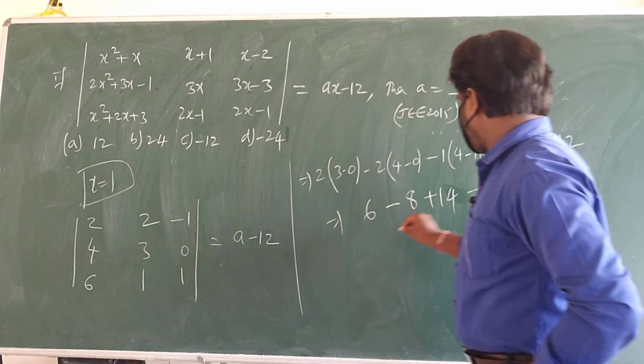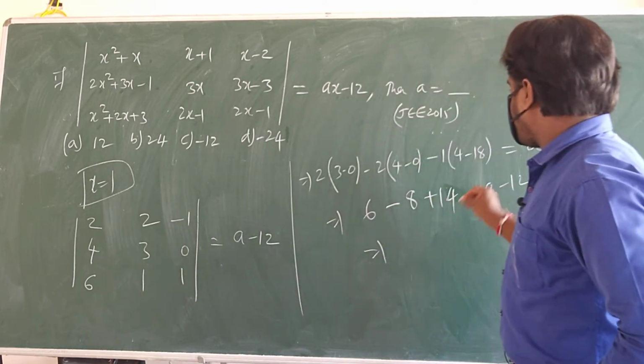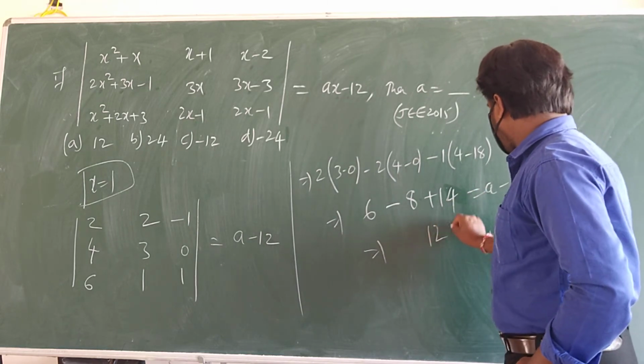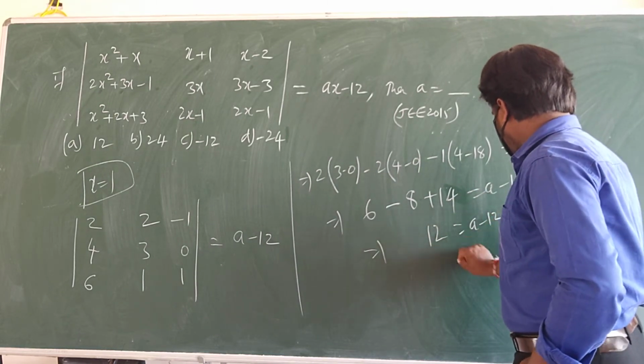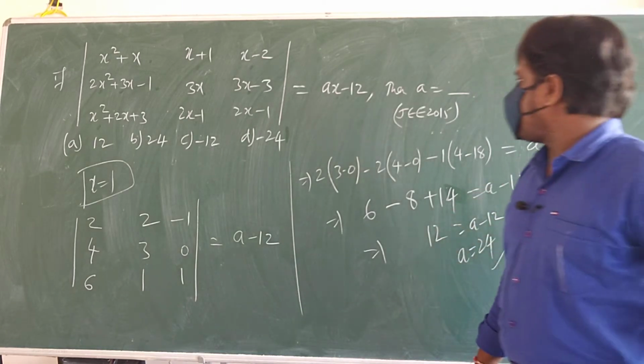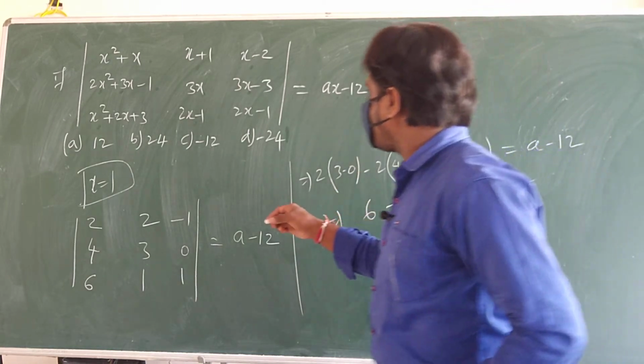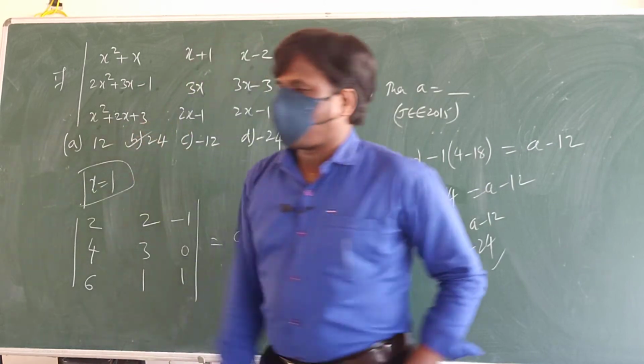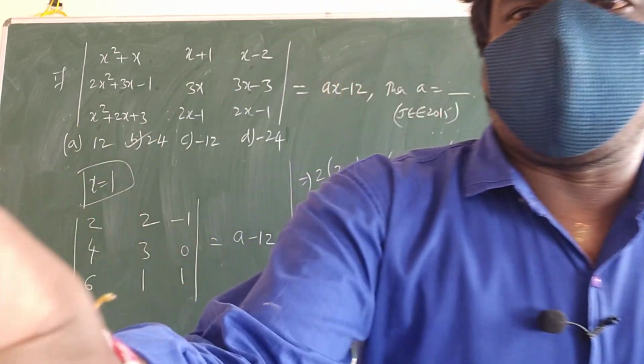So this gives 12 equal to a minus 12. So A is equal to 24, correct? A is equal to 24. Option B. Right, so this is the easy way.